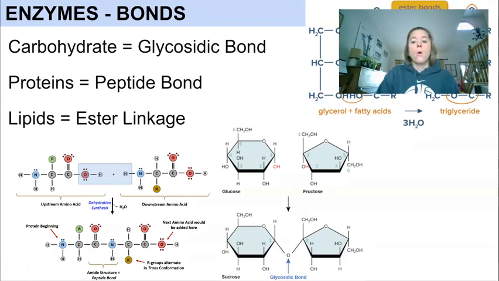Or over here in the case of the lipids, when we dehydrate the glycerol and the fatty acid together, we get the lipid molecule all the way together. The one it's showing you here is the triglyceride. And the same thing happens on those other lipid molecules as they form various things.